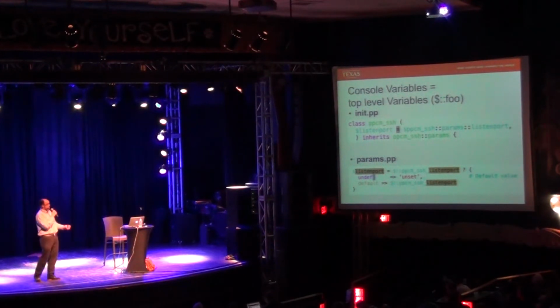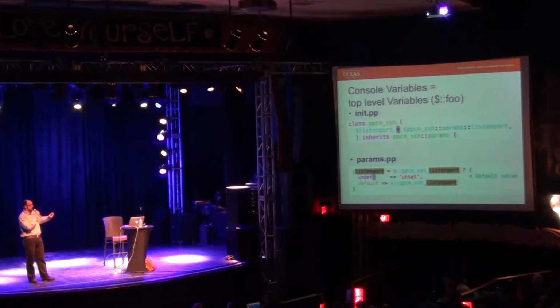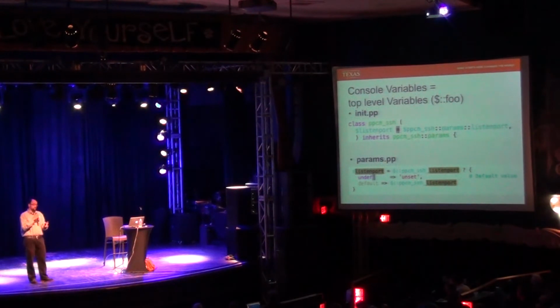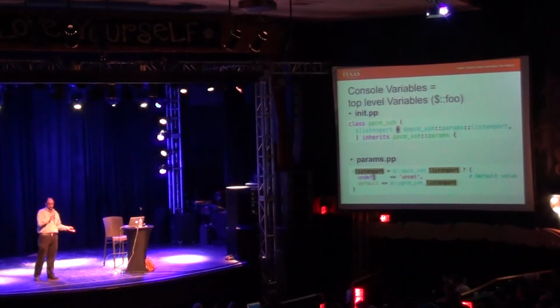Within the params, there's a line, really a stanza, setting listen port equal to that variable. If you see, it's a $ sign, colon, and then the name of the variable. What that does is set that variable equal to that top level variable. When you set a variable in the console, you're setting a top level variable, and this is the way to use it.